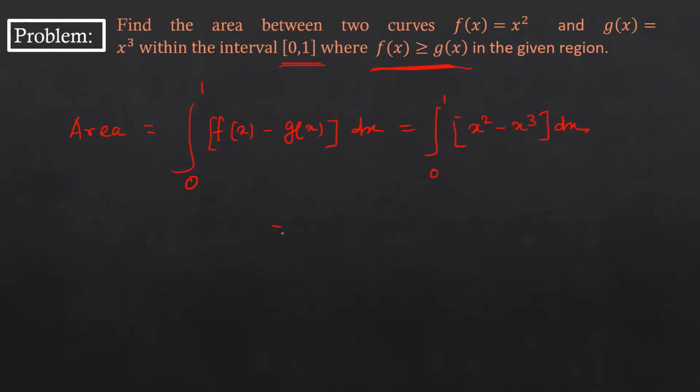And you know how to perform that integration. How to? X square means what? X cube by 3. Minus x to the power 4 by 4. And from 0 to 1, you know how to perform that. 1 by 3 minus 1 by 4 is equal to 1 by 12 unit square. Okay, so this is the area by the integration.